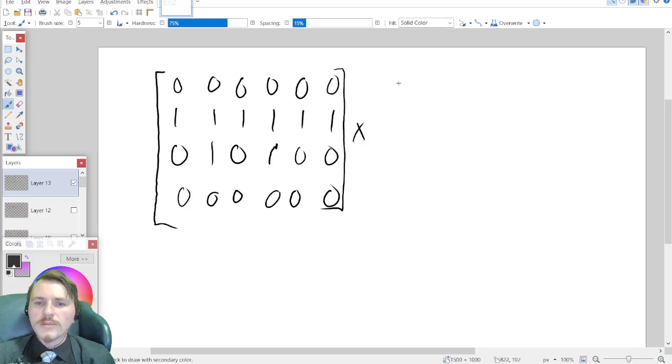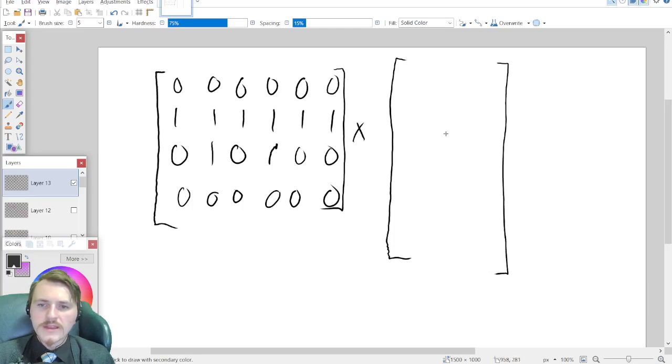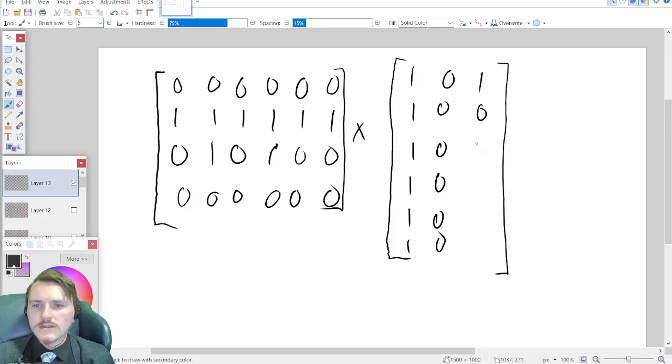And then we're going to multiply that by something that has 6 rows, and we'll say 3 columns. Sure, I like that. 1, 1, 1, 1, 1, 1. 0, 0, 0, 0, 0, 0, 1, 0, 1, 1, 1, 0.